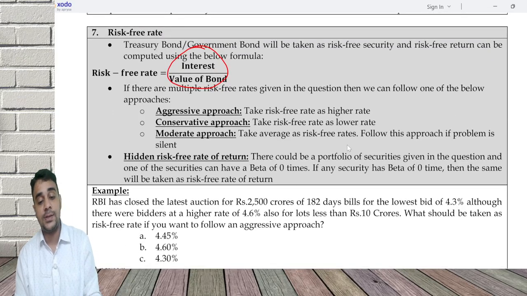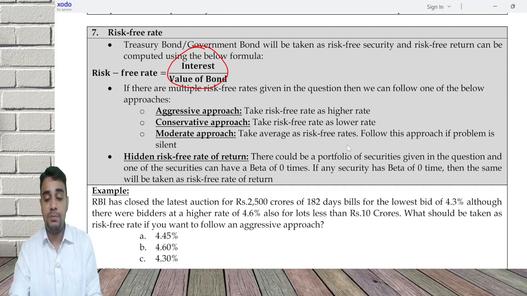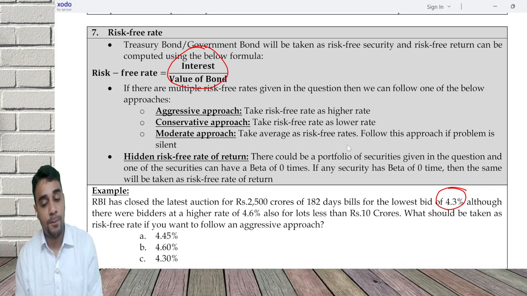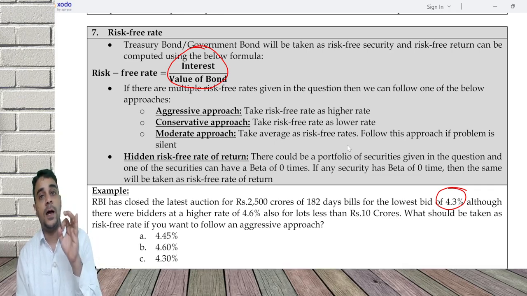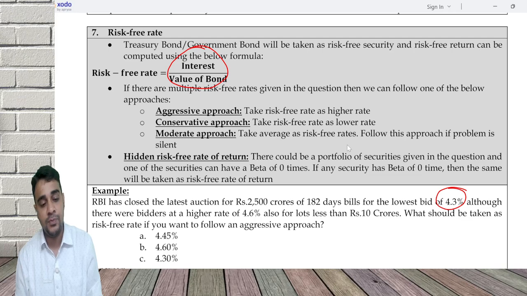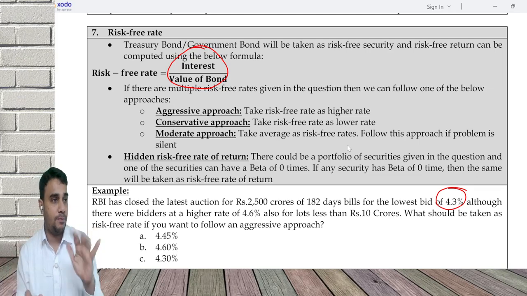RBI has closed the latest auction of 2,500 crores of 182 days bills with the lowest bid at 4.3, although there were bidders for a higher rate of 4.6. If you are going with an aggressive policy, you want more returns, you will take RF as 4.6. If you go with a conservative one, you will take RF as 4.3. And if you want to take a balanced approach, take both.